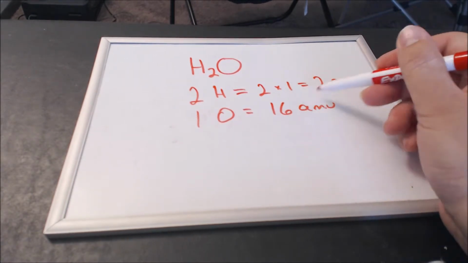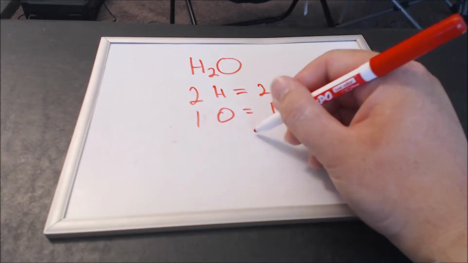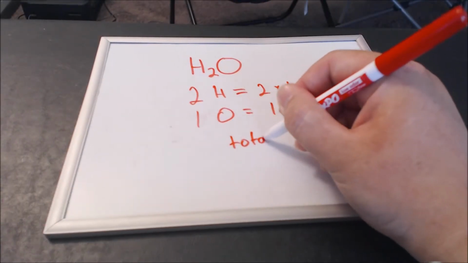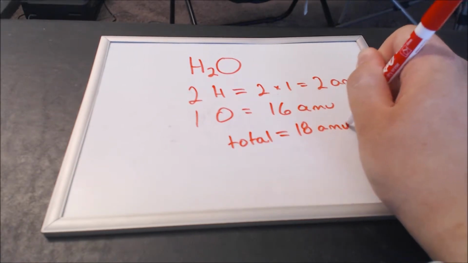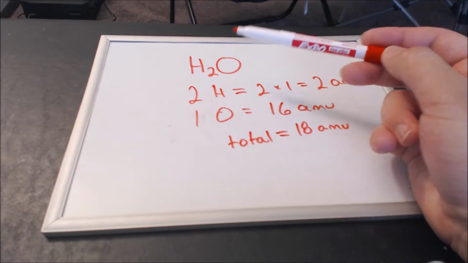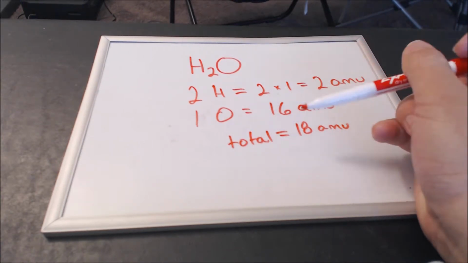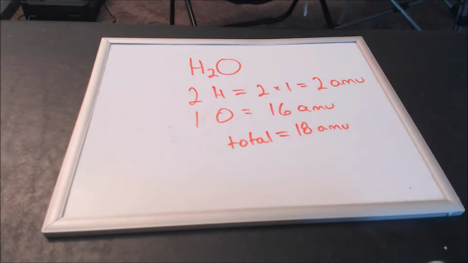Now we just add these two numbers together to get 16 plus 2 is our total, which is 18 AMU. So the molecular mass of H2O is 18 AMU. Or actually, technically, it's atomic mass, I guess.